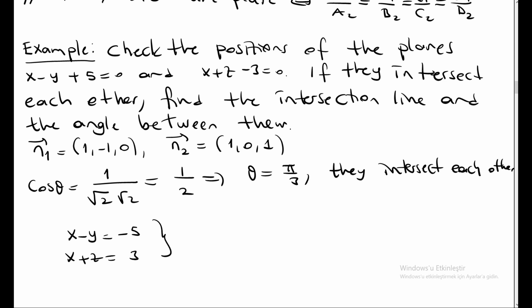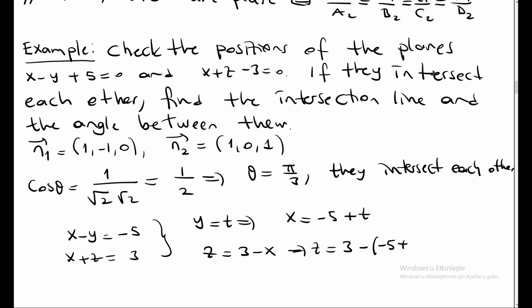Let me choose one parameter. Let's say y is t. So y is t, x becomes negative 5 plus t. Then z equals 3 minus x, so z equals 3 minus negative 5 plus t, so z becomes 8 minus t.